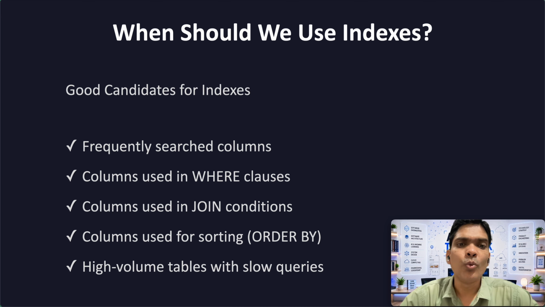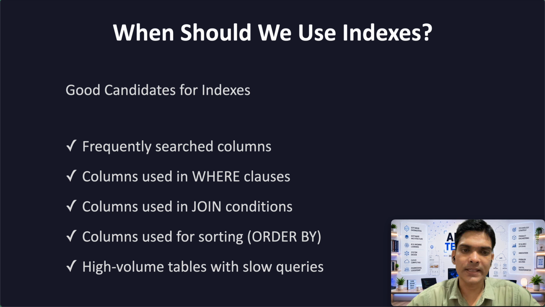So let's talk about when we should use indexes. When should we consider creating an index? A good starting point is columns that are frequently used for search, for example, columns used in WHERE conditions. Columns frequently used for joins can also be good candidates for indexes.